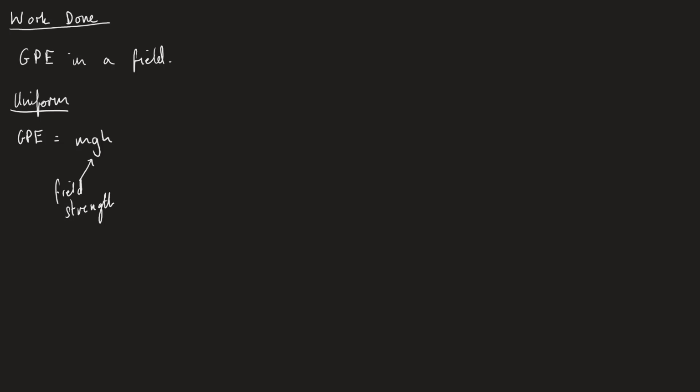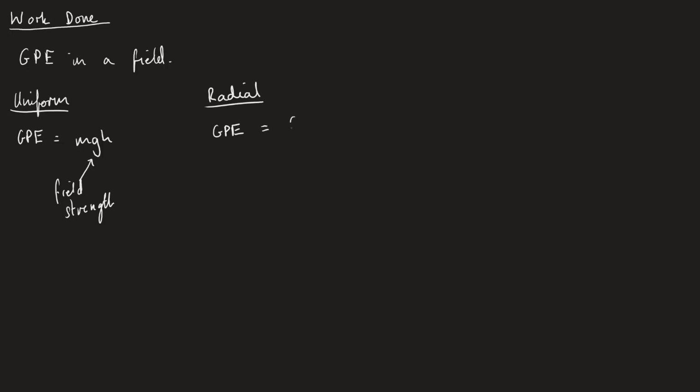Now we're going to use this same idea and say we can apply the same kind of theory the same way we applied F equals ma to the gravitational potential energy. So in a radial field, we're going to start with just g.